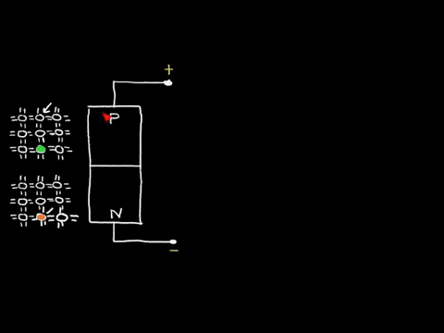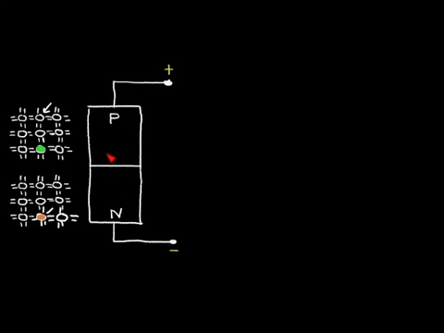We'll take this p material up here and this n material up here, and we'll put them together. So let's show that here. So here we have a p-type material that has an excess of holes, and here we have an n-type material that has extra electrons. It has been doped with phosphorus. This p region has been doped with boron.